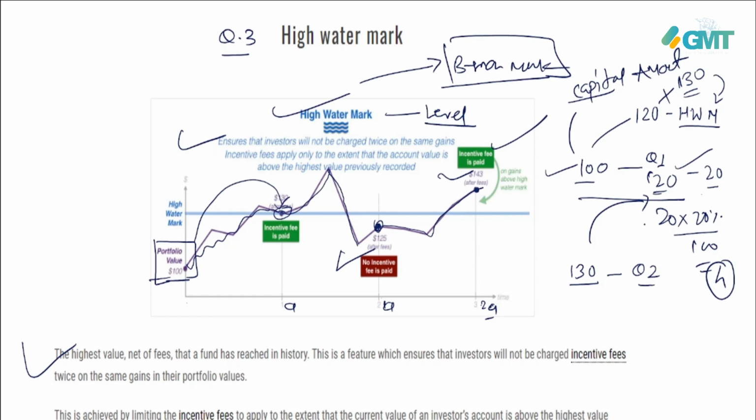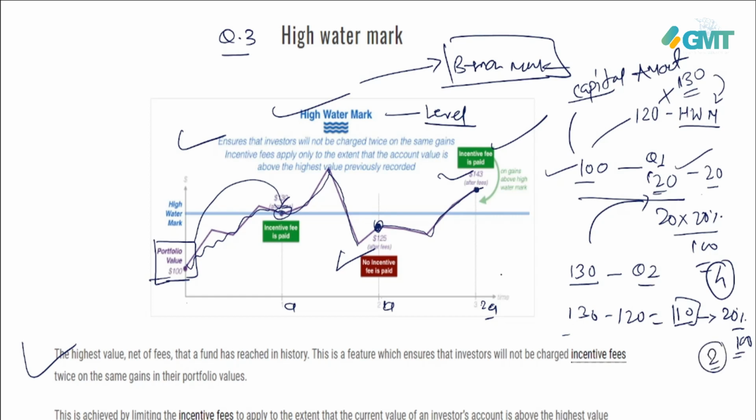Up to 120 we have already paid the fees, right? So it means 130 minus 120, so the net would be around 10 rupees. On 10 rupees you can charge 20% as incentive fees, and that would be around 2 rupees, so 2 rupees will be paid.